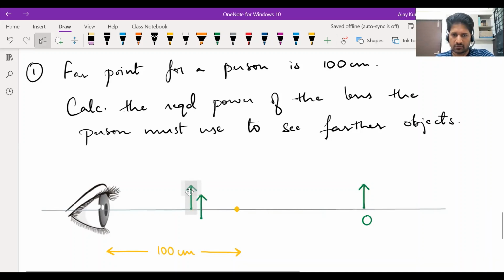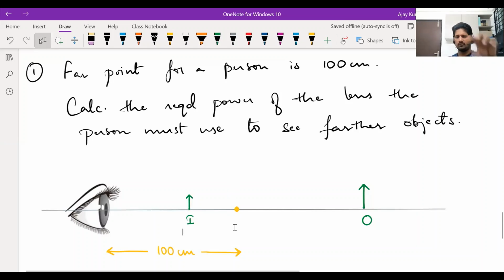That object's image should be formed somewhere here. And if it's formed within the distance up to which the person is able to see, then the person will be able to see. So whatever extra lens the person is using, it should form an image of that object within 100 centimeters. That is what should happen.